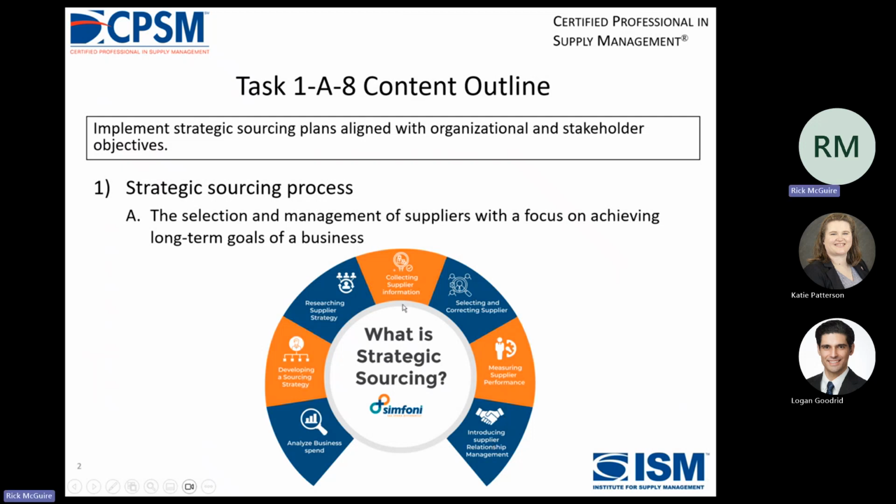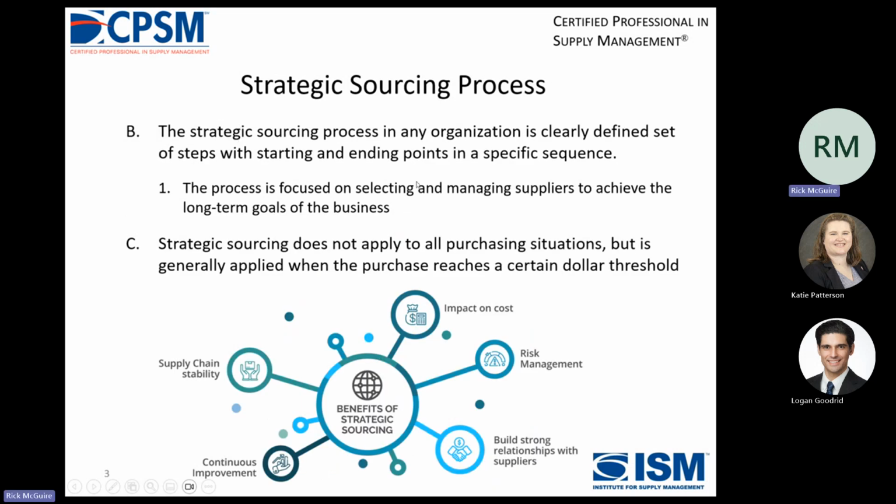It has a lot to do with selecting and researching suppliers, and supplier relationship management is big now. A strategic sourcing process in any organization is a clearly defined set of steps with starting and ending points. Now, don't confuse this with category or commodity management.